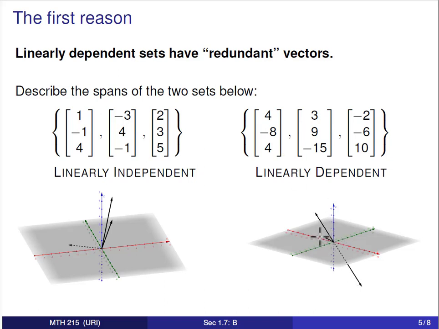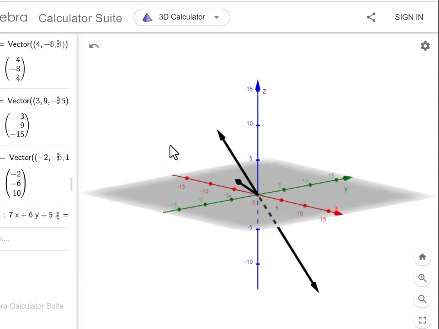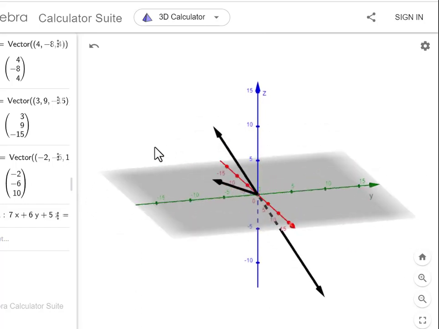It's actually pointing more towards the viewer. Now, we have a depiction of this set with our three vectors, and if I were to rotate around, you get a sense of how these vectors are situated in three-dimensional space.